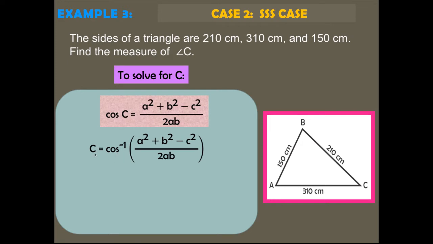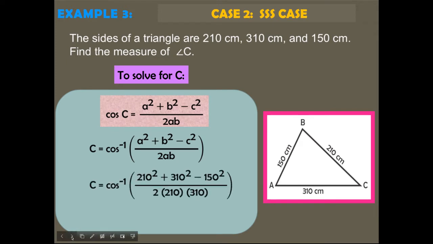So angle C will be equal to cosine inverse of a squared plus b squared minus c squared all over 2ab. By substitution, we will have this. So replace side A by 210, side B by 310, and side C by 150.